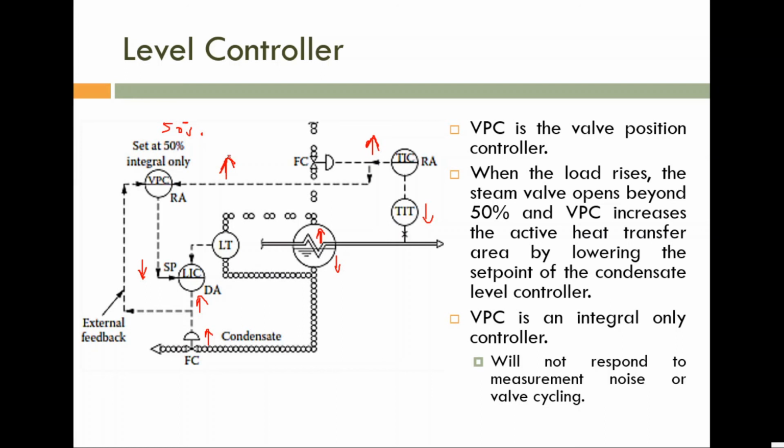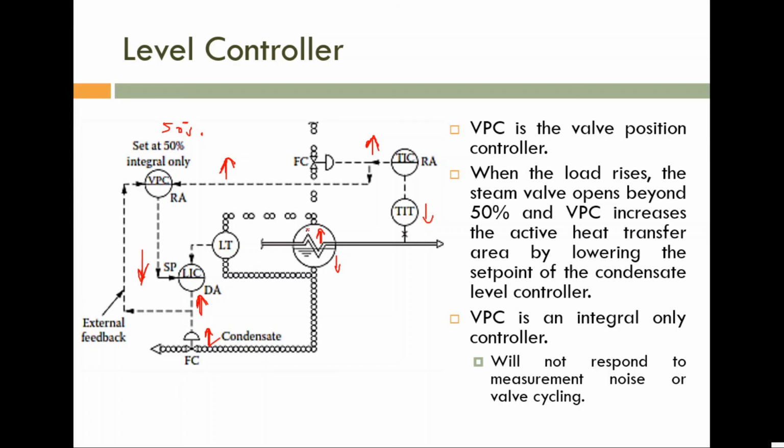So if this is increased, the control output given by the VPC is decreased, which is acting as the set point of this LIC controller. Okay. So as it is decreased, the control signal given by this LIC will increase, so that the condensate flow rate is increased. So that the condensate flow rate is increased, liquid level inside this one is decreased, heat transfer area is increased. So this is happening.